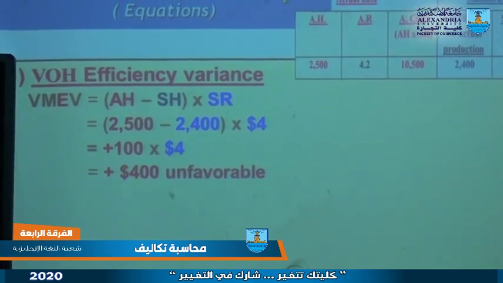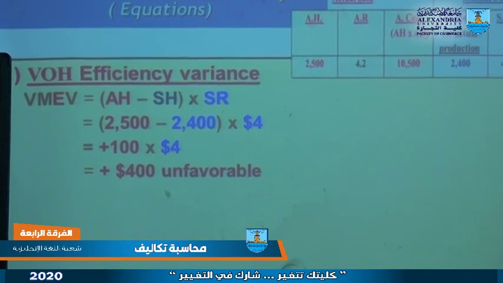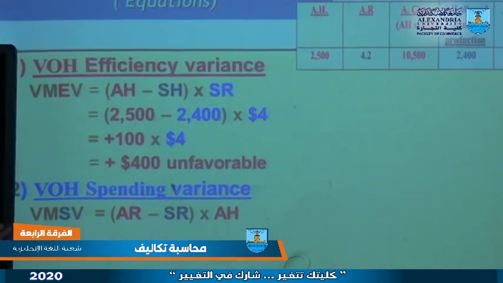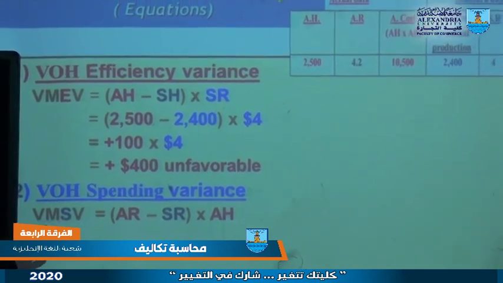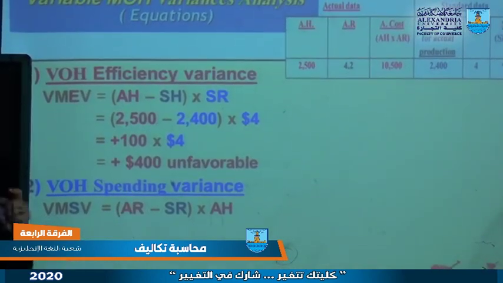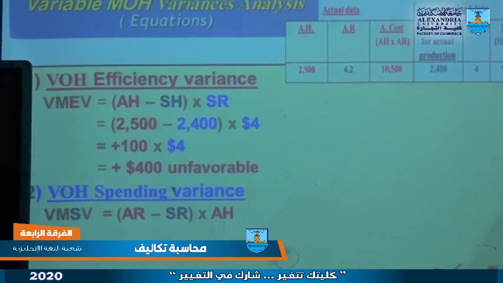The second is spending. How to calculate spending? The difference between rates: actual rate minus standard rate, times actual hours.